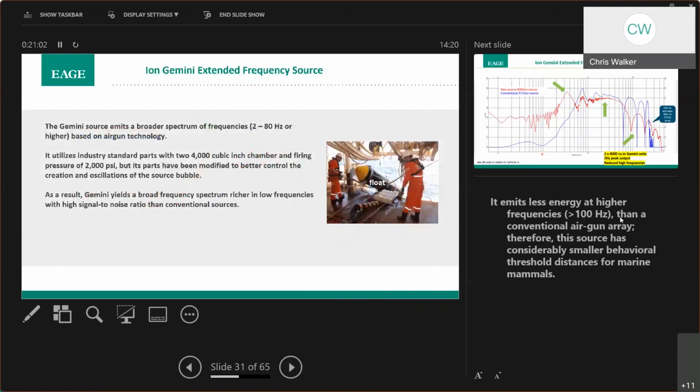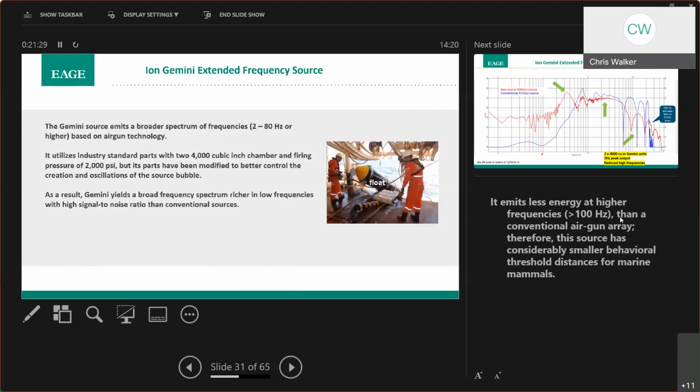It uses two 4,000 cubic inch chambers with a 2,000 PSI firing pressure, but its parts, like the E-source, have been modified to better control the creation of the air bubbles and subsequent oscillations. So we end up having a very broad frequency spectrum that is lower because of the large volume in low frequencies, with a very high signal to noise ratio compared to conventional sources.